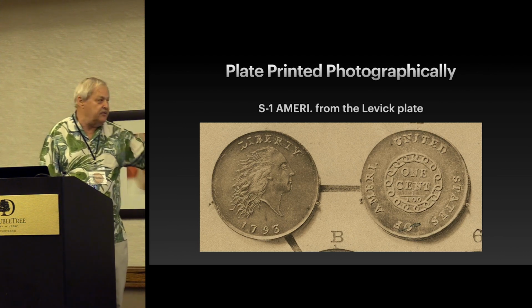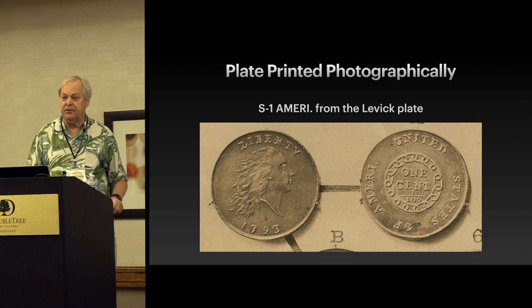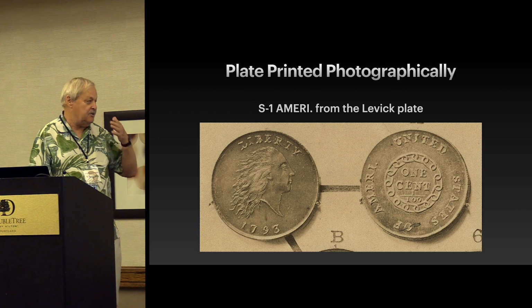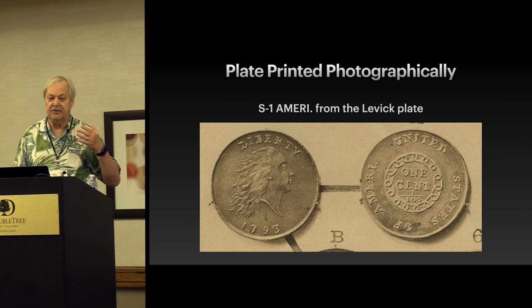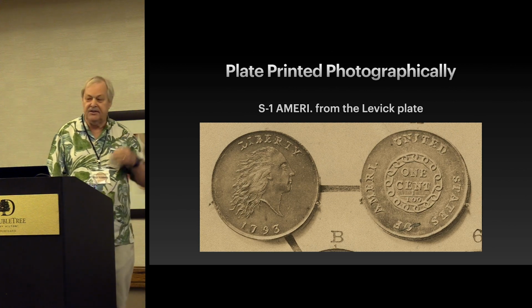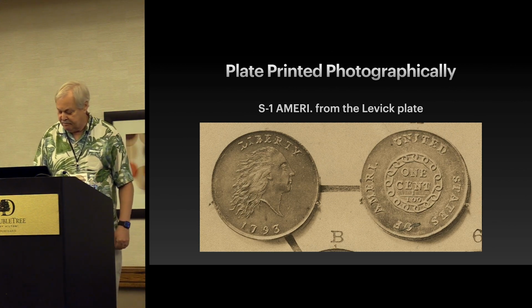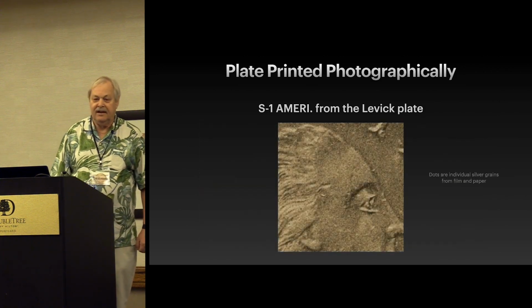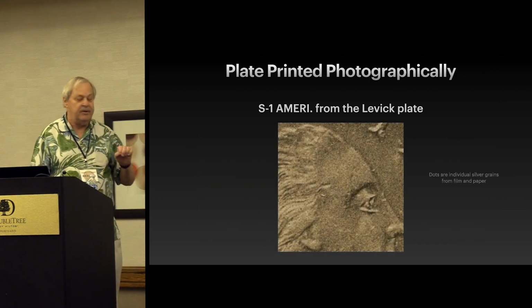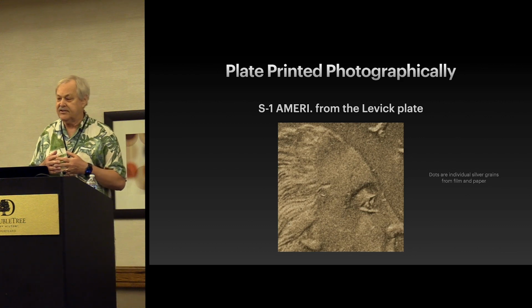If you're close enough, you can actually see the texture in the photographic paper. So this is very, very good quality photography. It's state of the art in 1869. Zooming in more, you see that the picture is made up of a bunch of little dots.